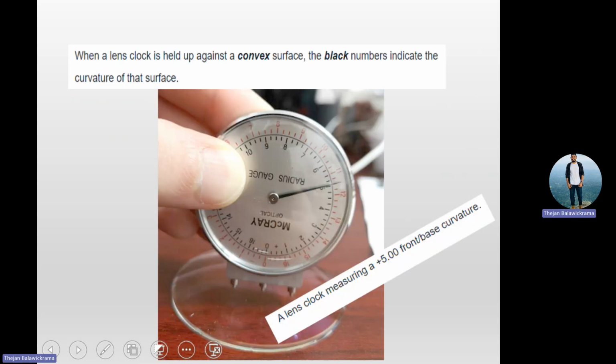Then we have a value. The dials are black and red. The black dial shows the curvature of the surface.